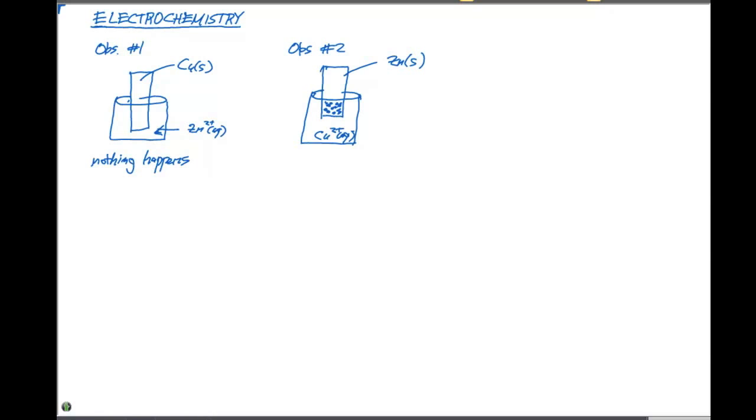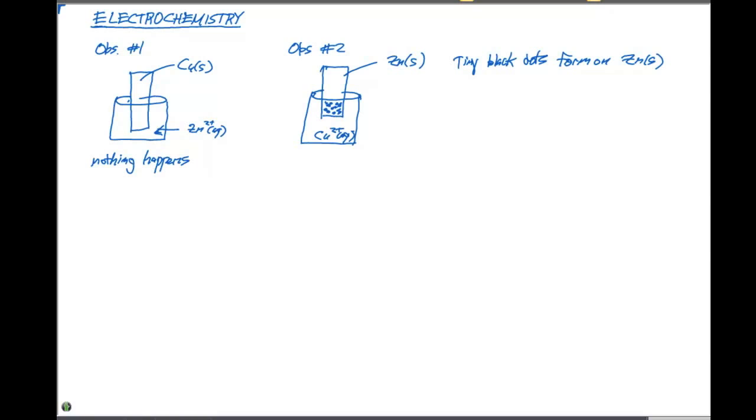So observation number 2 is that tiny black dots form on the zinc solid surface. So we have to come up with a reason, or we have to figure out exactly why these black dots are forming and come up with a theory explaining what is happening here.